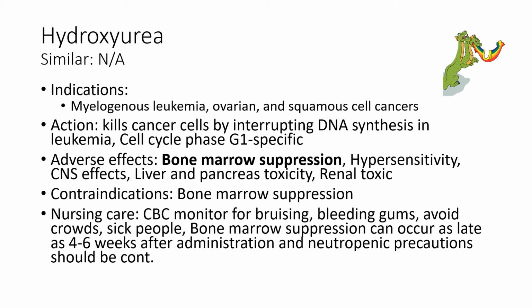So the bruising and bleeding gums, well, that comes from low platelets. Avoiding crowds and sick people, that advice comes because of the neutropenia. Now, the main side effect of this drug is bone marrow suppression, and in this particular case, it can last a long time. Usually it's the 7 to 10 day post chemotherapy where you get your neutropenia. This one can last for many weeks.